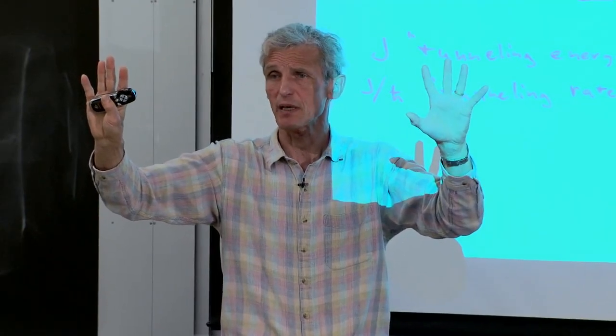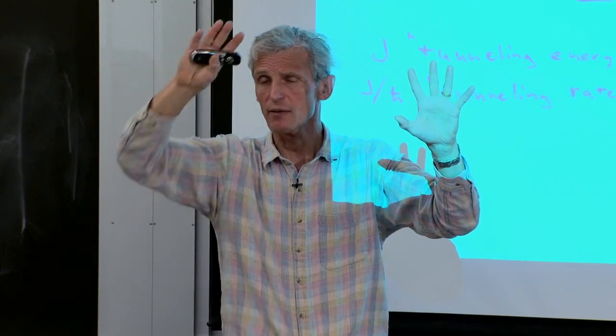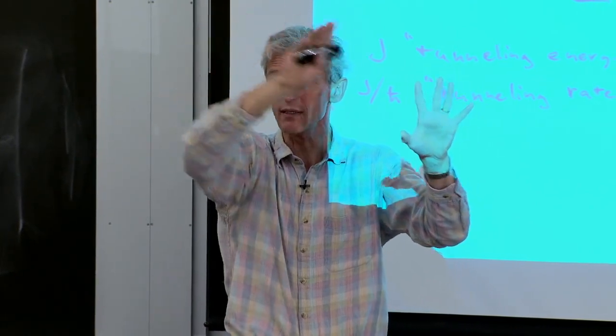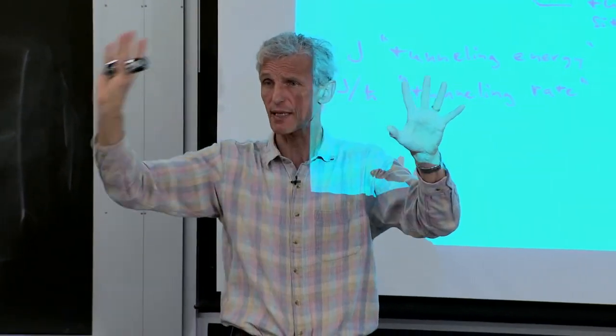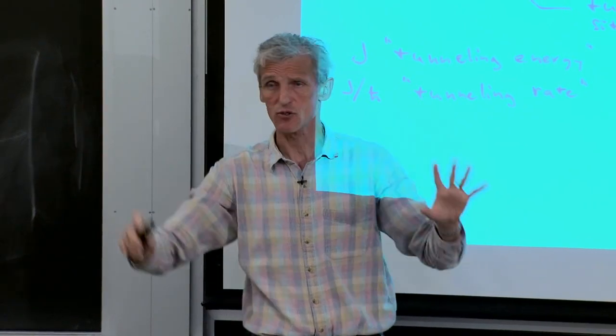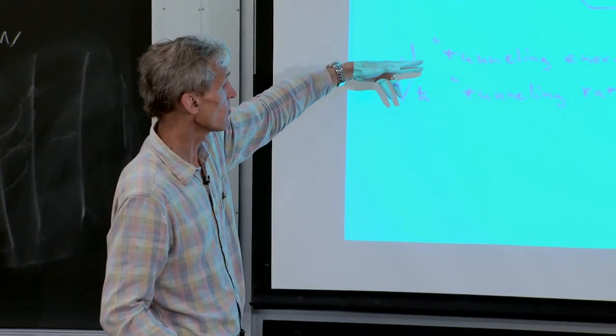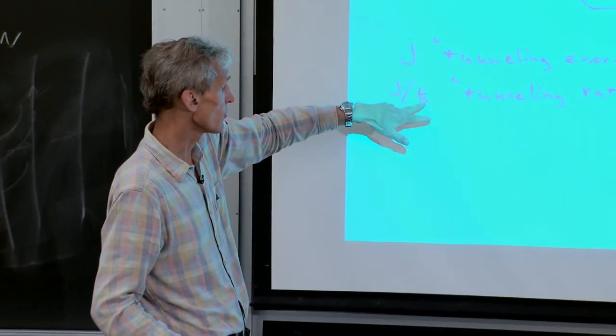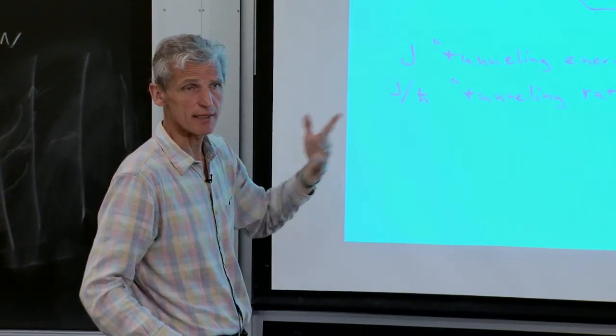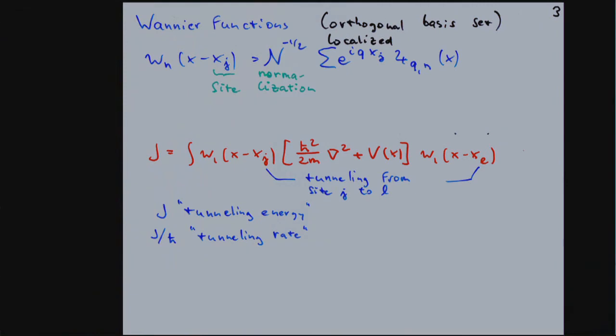So it is the amplitude that with the Hamiltonian, the particle can hop from one site to another site. Therefore, J, which was the bandwidth, is now the tunneling energy, or if divided by h bar, the tunneling rate from one site to the other site.